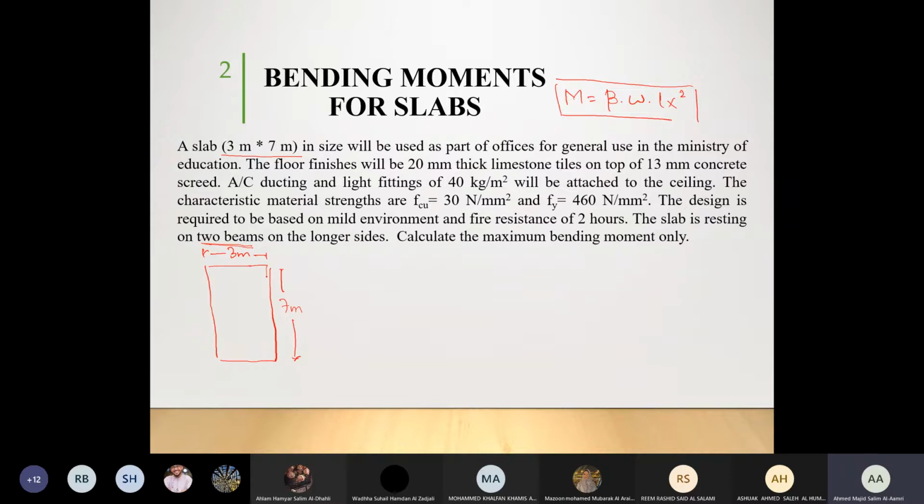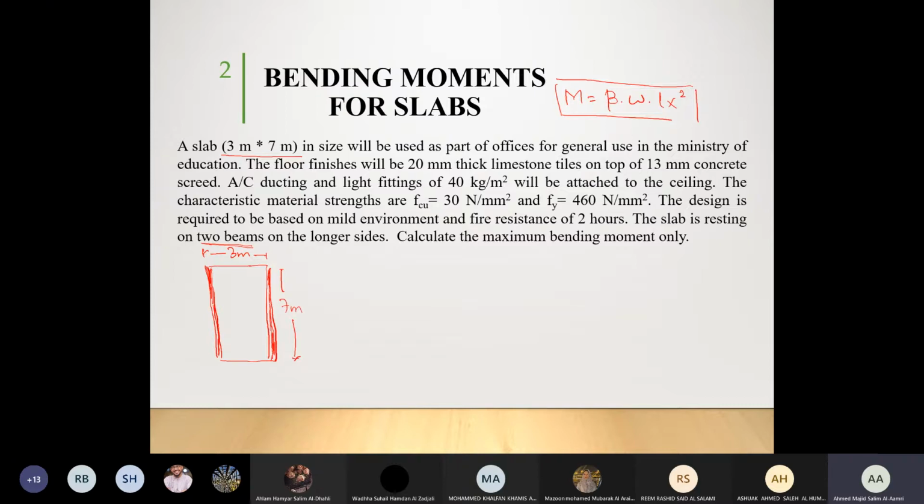So we have 2 beams here, so there are 2 beams supporting my slab. And then some kind of loading has been given.